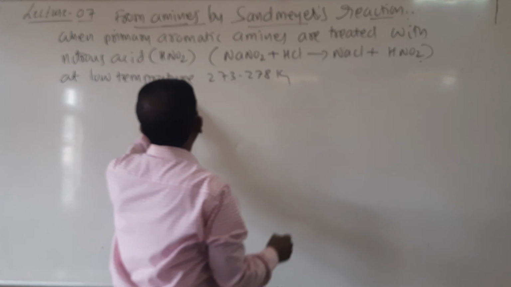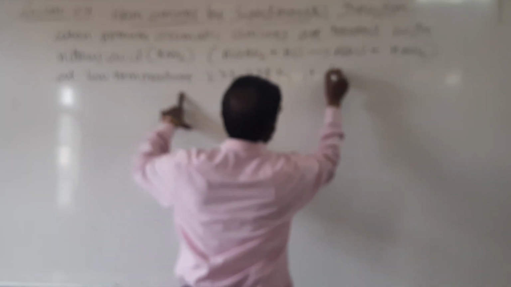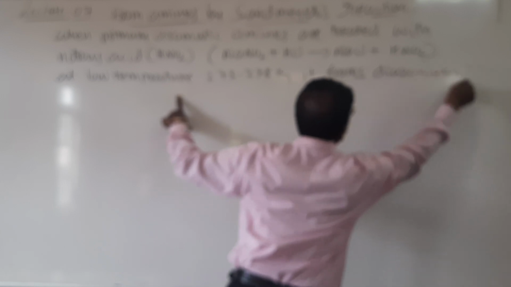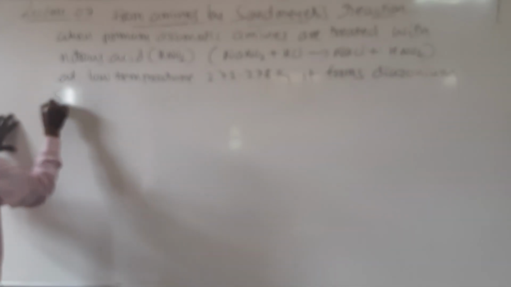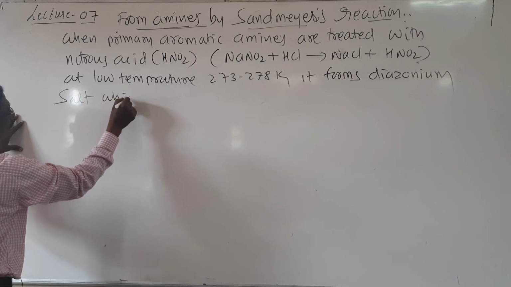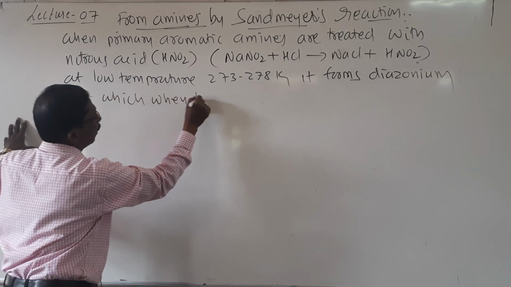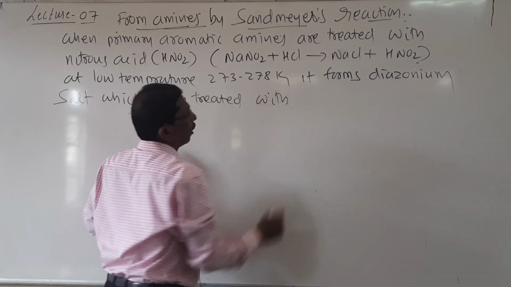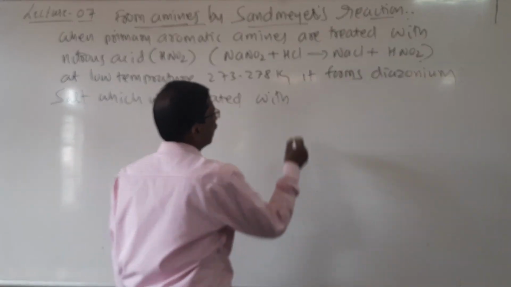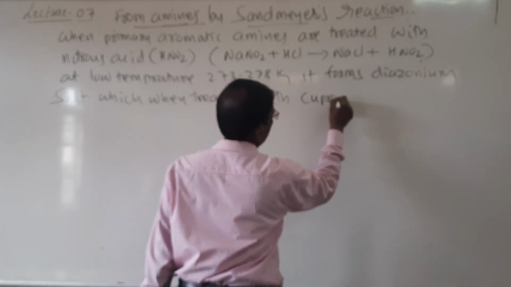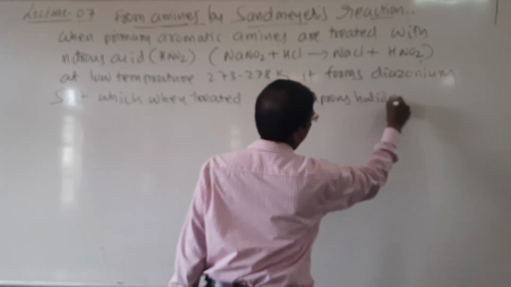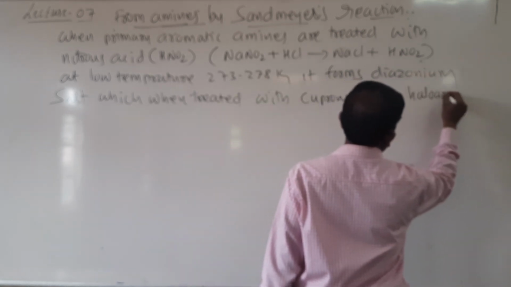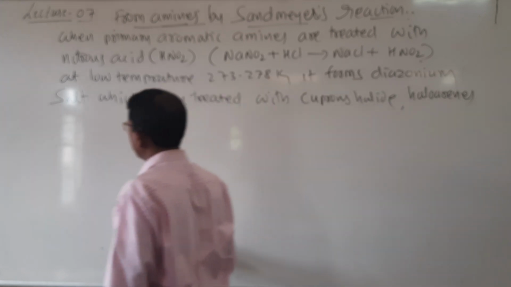So NaCl, it forms at low temperature a diazonium salt, which when treated with cuprous halide, haloarenes are formed.